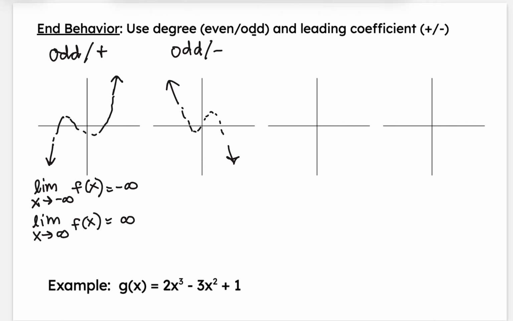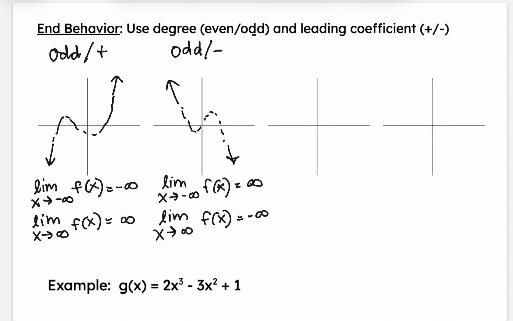Again, if you want to put some dashed lines in there, you can. So our end behavior, our limit as x goes to negative infinity: this time, as we go to the left, it goes up, so it'd be positive infinity. And the limit as x goes to positive infinity, our graph goes down, so it'd be negative infinity.